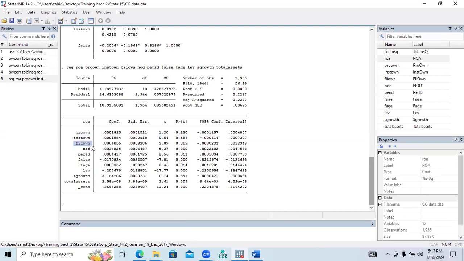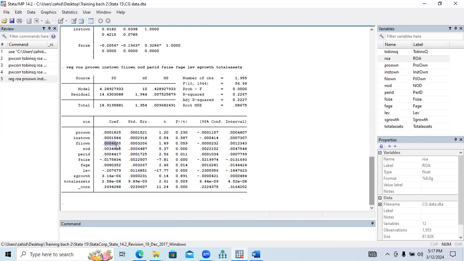Next, financial ownership is positive and somewhat significant. If you see, the p value is greater than 5%, but less than 10%. So we can say that there is a weak significant relationship between financial ownership and ROA.